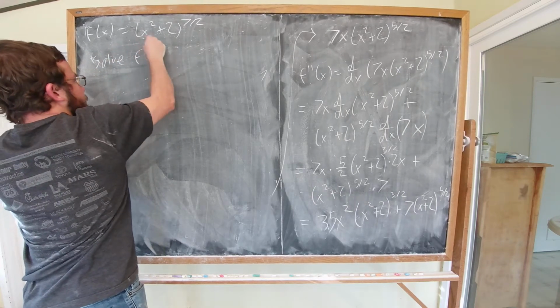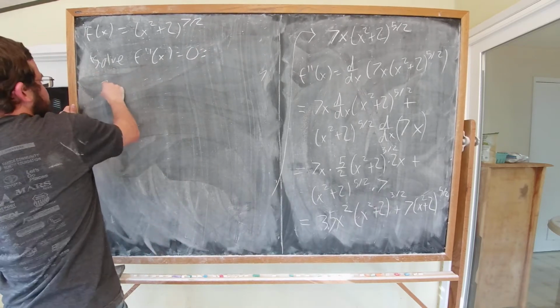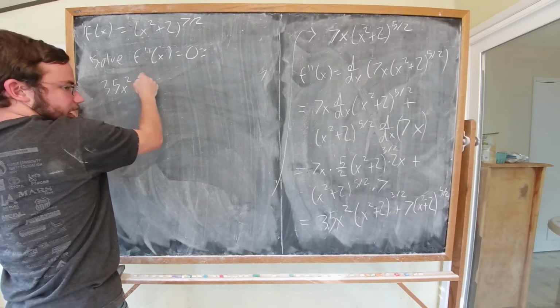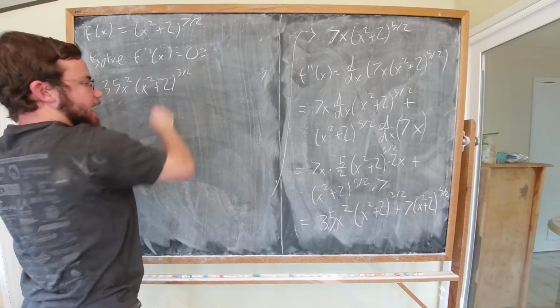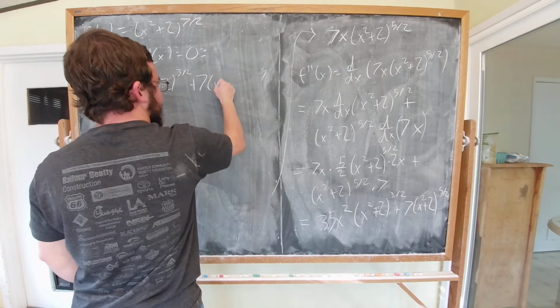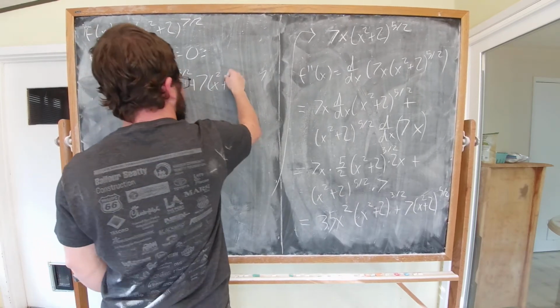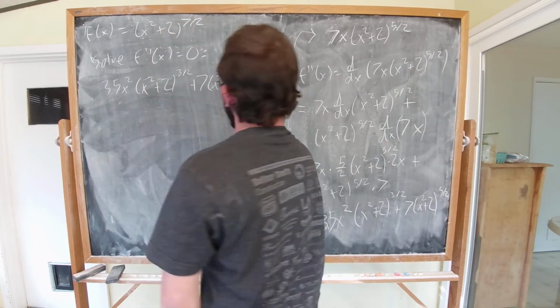We need to solve 35x squared times (x squared plus 2) to the 3/2 power plus 7 times (x squared plus 2) to the 5/2 power equals 0.